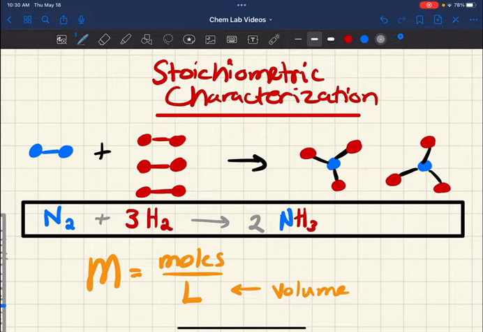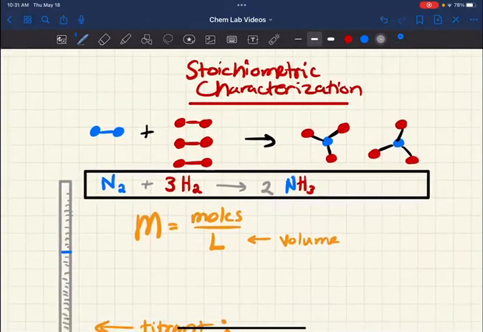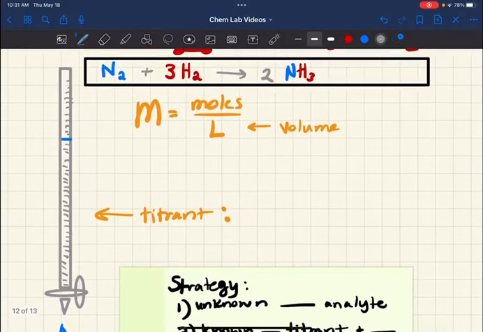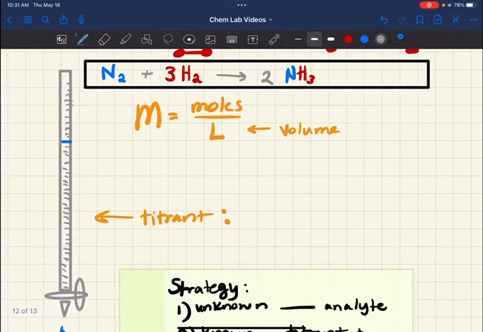And one of the more typical experiments we could use to determine the stoichiometry involved in a reaction is called a titration. You may have done a titration before in the past, but this leverages the stoichiometry of solution concentrations. And so the key, though, is that the reaction is based in moles, not in molarity, but solutions are based in molarity.